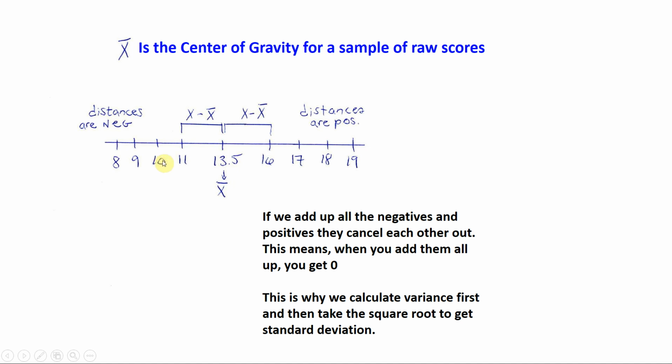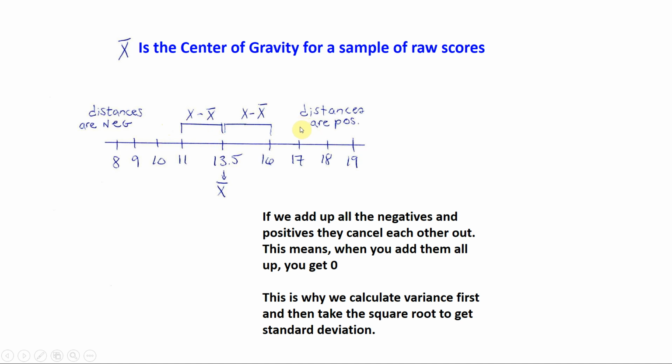And then if you do 10 minus the mean, you're going to get another negative number because 10 is smaller than 13.5. Same thing here, 9 minus the mean, 8 minus the mean. These are all going to be negative numbers. They're negative distances, right? This is a distance between a raw score and the mean. And they're all going to be negative.